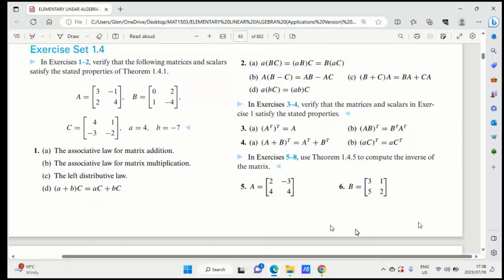First row is 1/5 and 3/20. Then second row, -1/5 and 1/10.